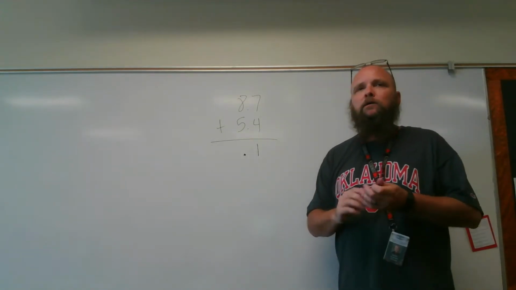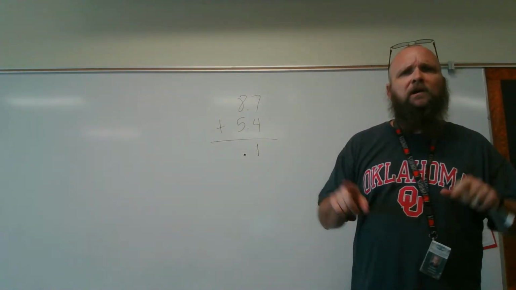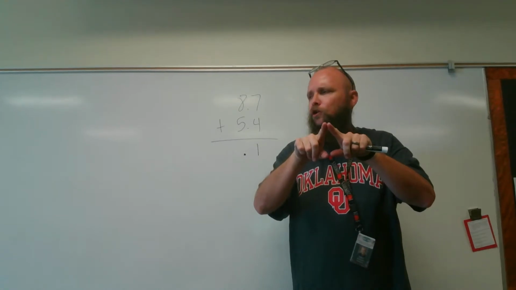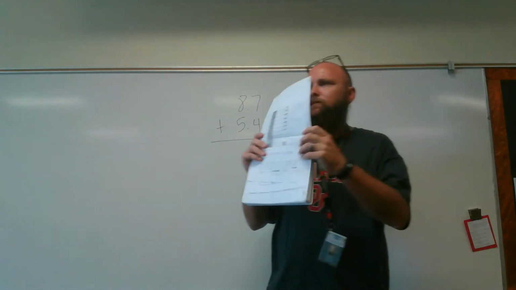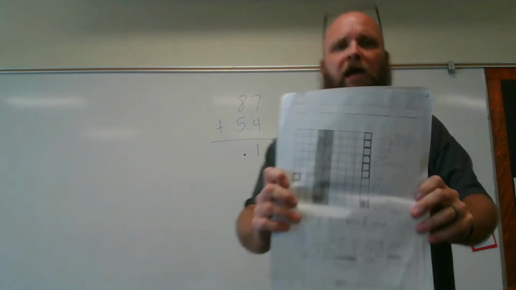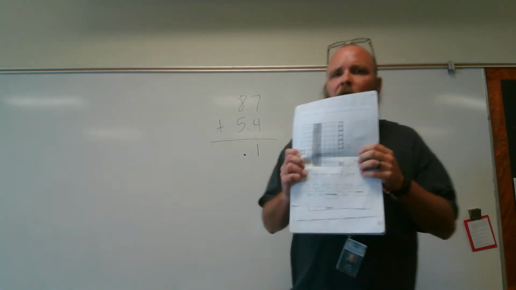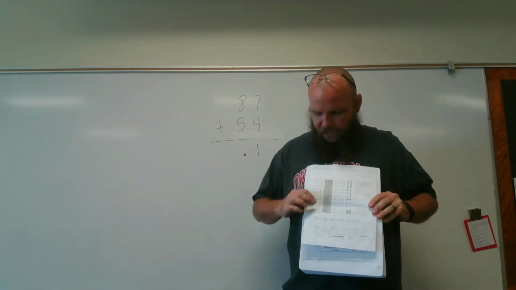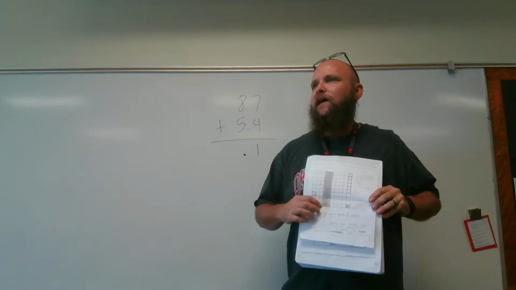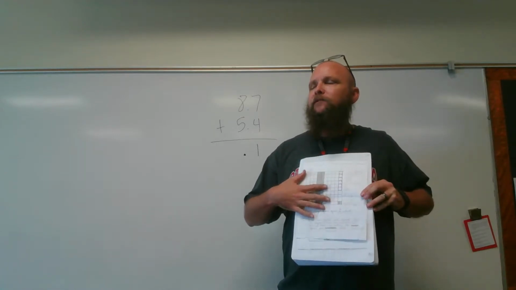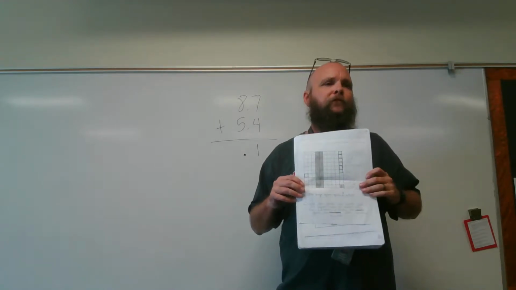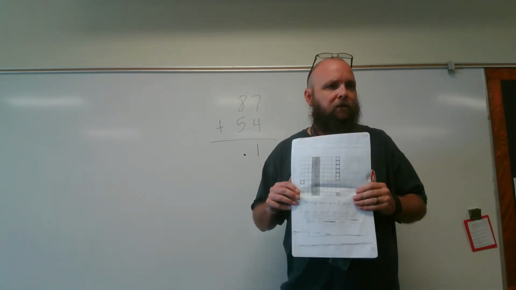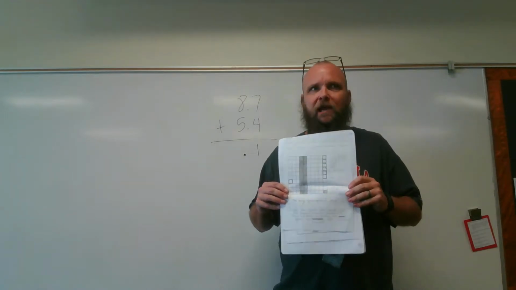If you remember in your journal, you had the place value square. It looked like this. And also, if you remember, each one of these rows is a tenth. How many tenths are in one whole? There's 10 in one whole.